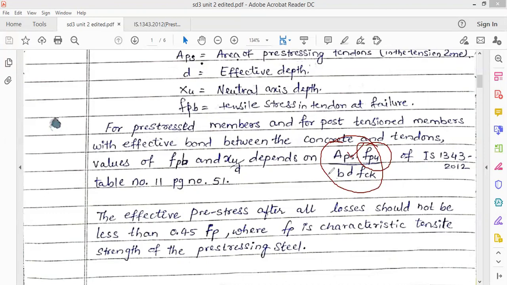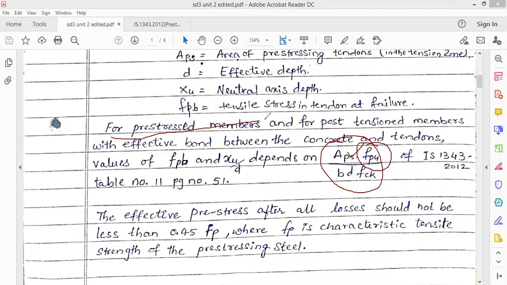So once we know all these parameters, we will calculate this parameter APS into FPU divided by B into D into FCK, and we are going to obtain the value of FPB and XU by D here.